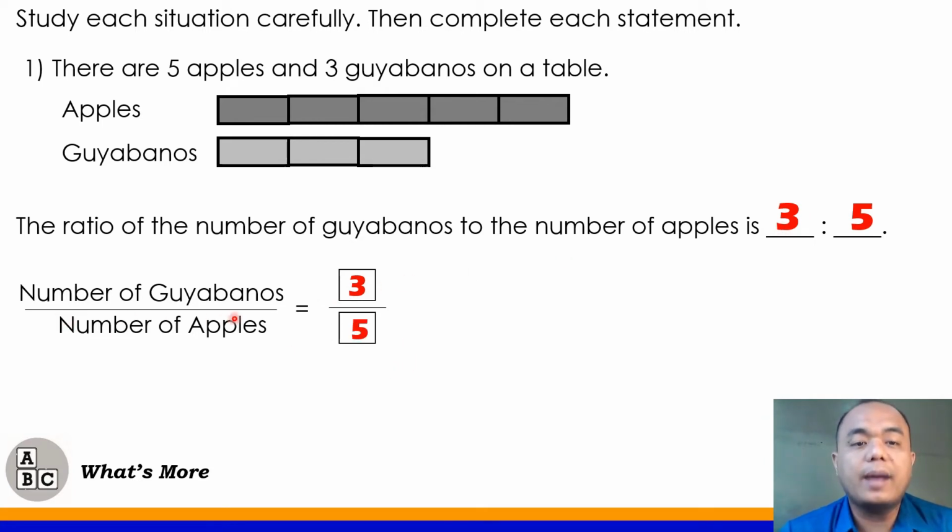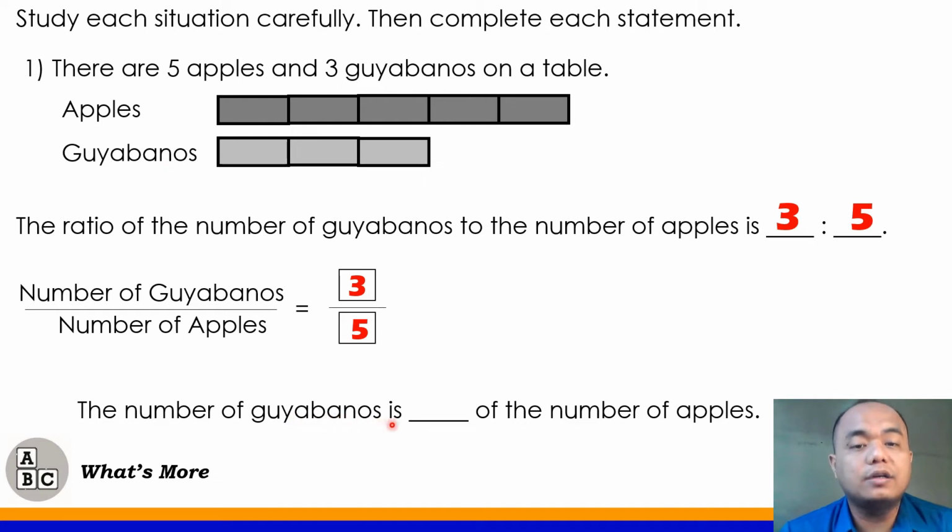So the number of guyabanos over the number of apples would be 3/5. So the number of guyabanos is blank the number of apples. What would complete this statement? Very good. The number of guyabanos is 3/5 of the number of apples.